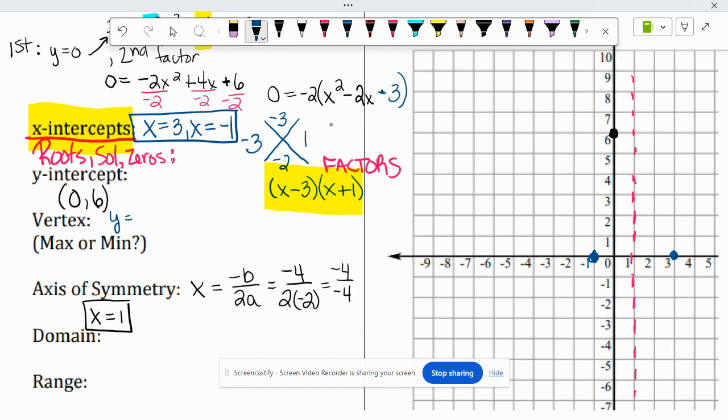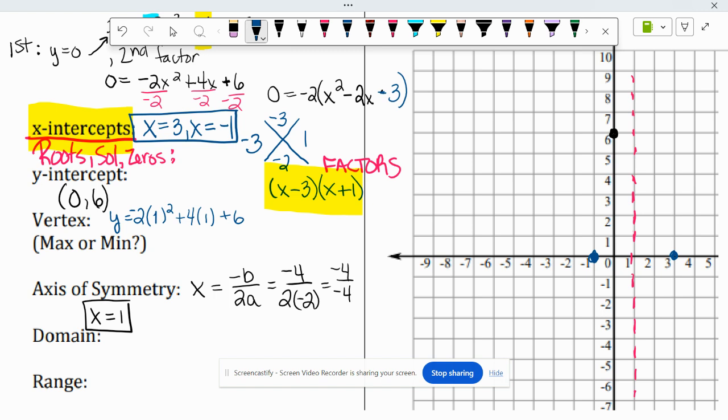Yeah, you plug it into the equation. So y equals negative 2 times 1 squared, plus 4 times 1, because isn't it plus 4x? Yes? Plus 6. And I think that this 2 out front is a negative.